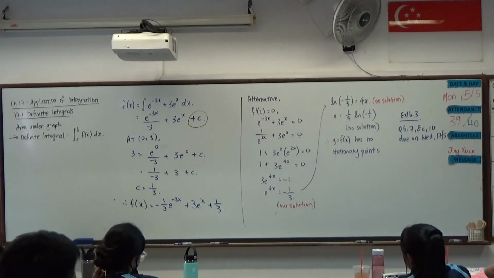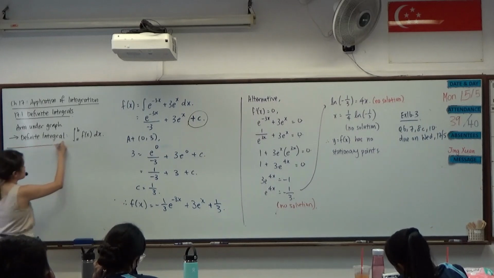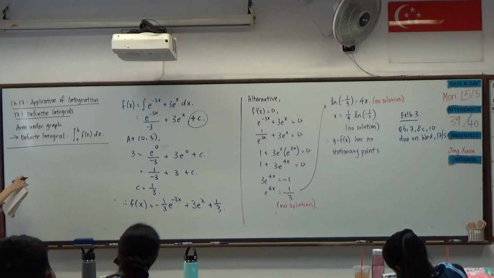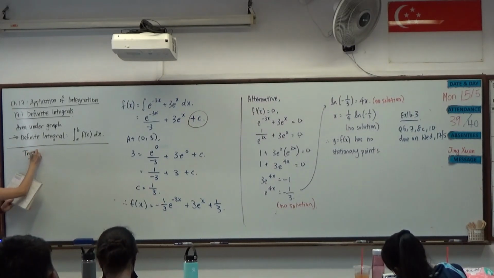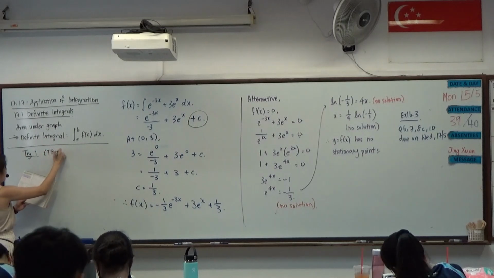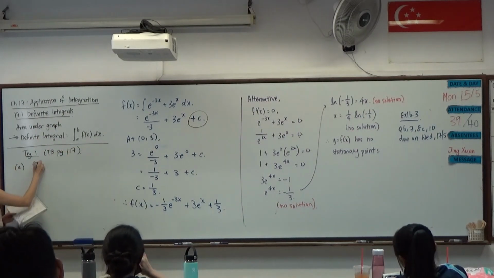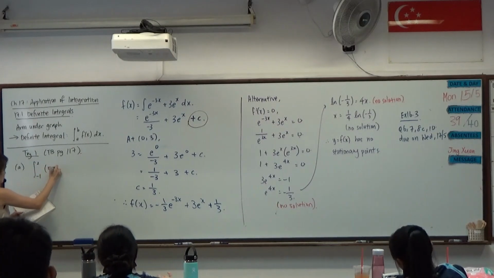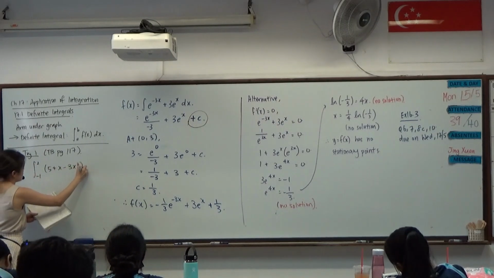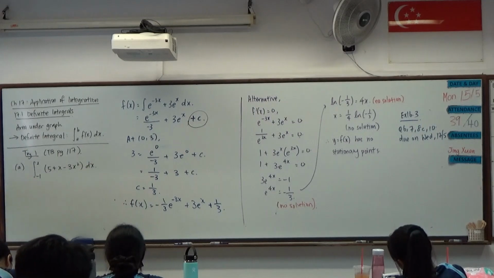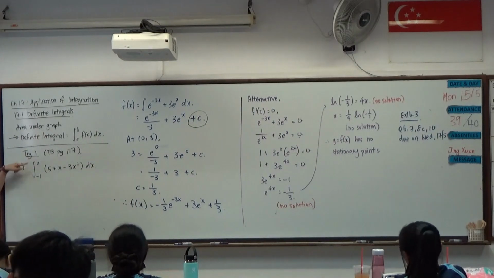So how do we find a definite integral? For example, taking an example from try 1. In a definite integral there are boundaries. We have a lower boundary and an upper boundary.